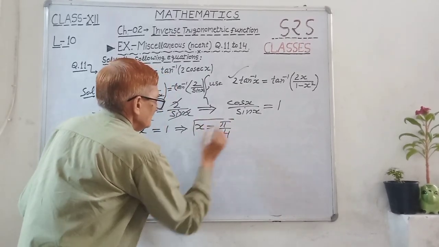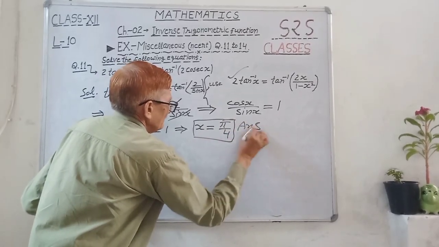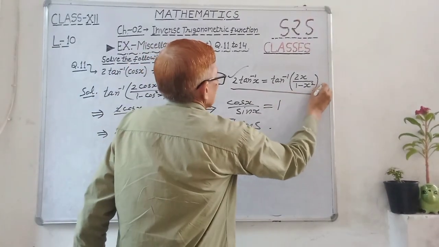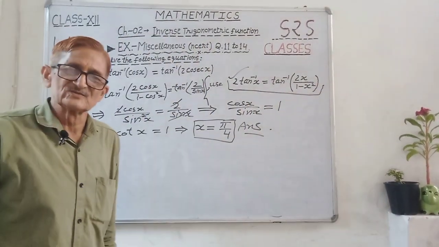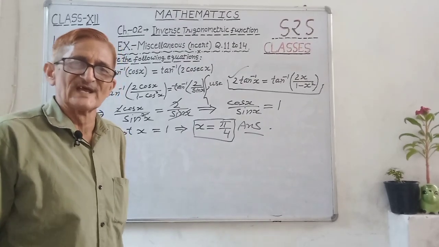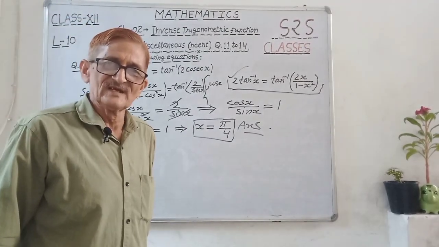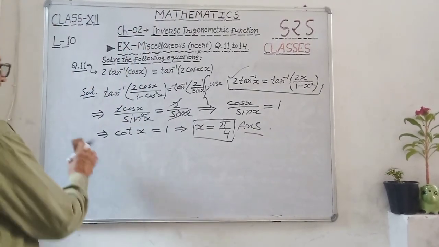Answer. Clear? Means use the formula, this is an important formula in inverse trigonometry: 2 tan inverse x is equal to tan inverse 2x upon 1 minus x square. Be careful. Remember this formula.